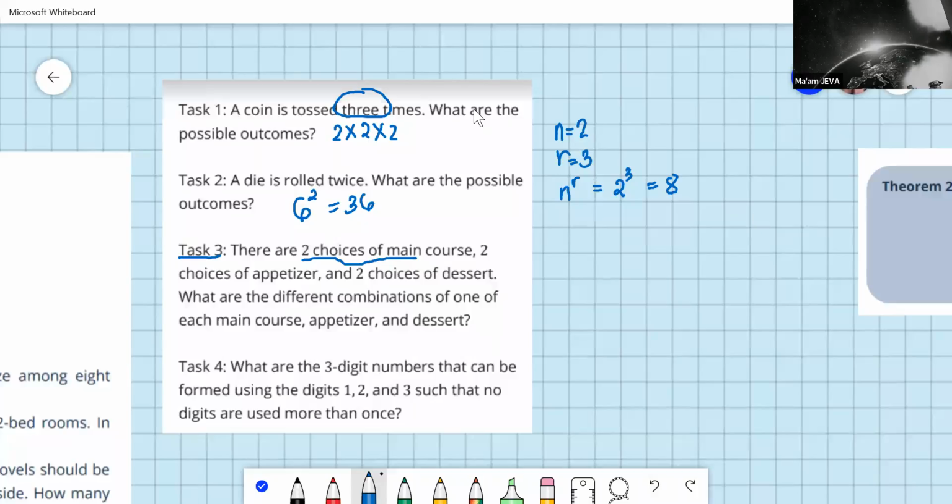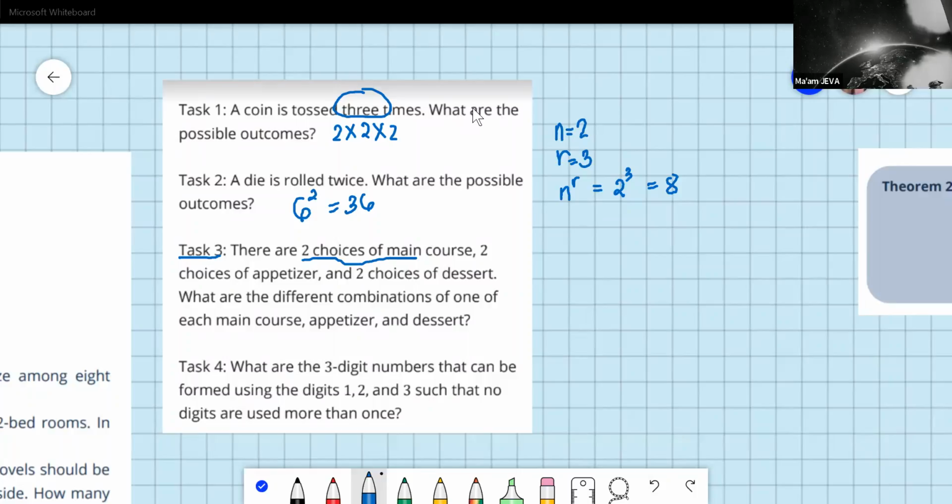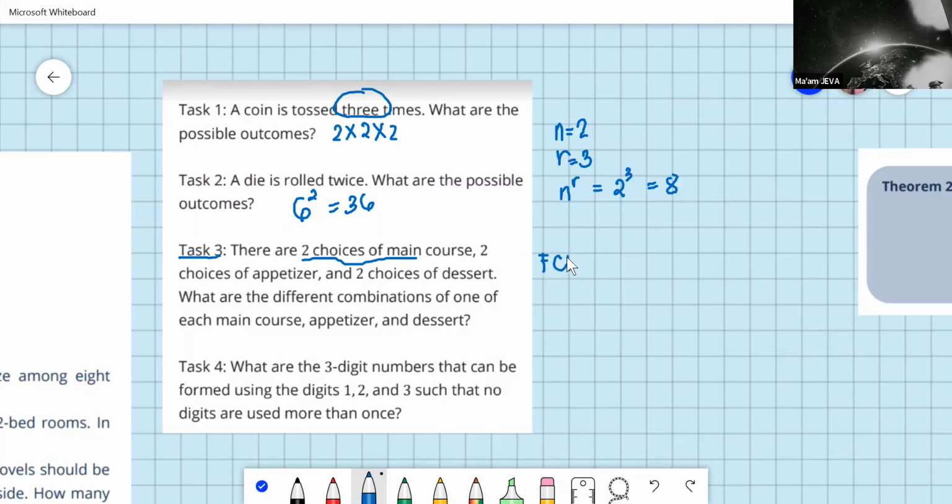Is it also considered as repetition, or could you also classify it as the FCP? It can be the fundamental counting principle or FCP, and it can also be repetition because when you get the total combinations, you can have 2 times 2 times 2.